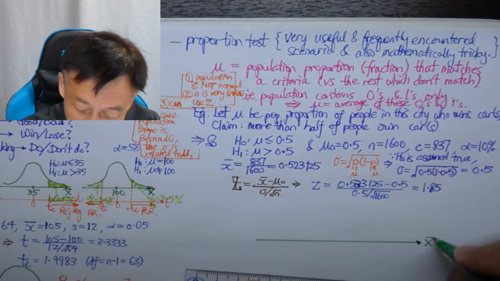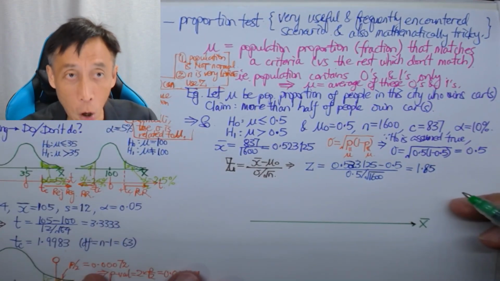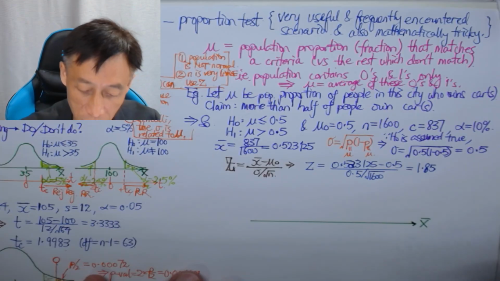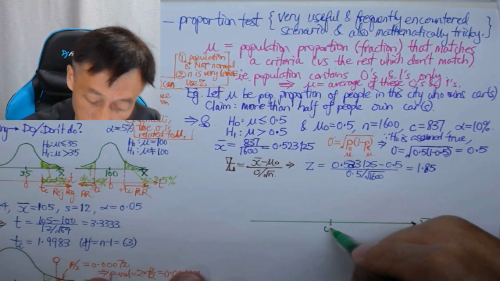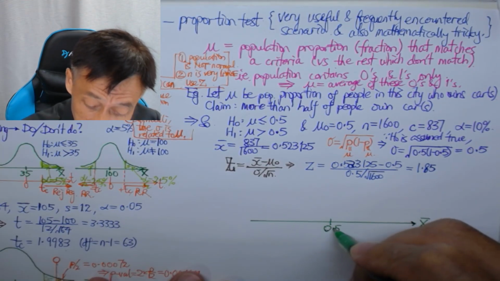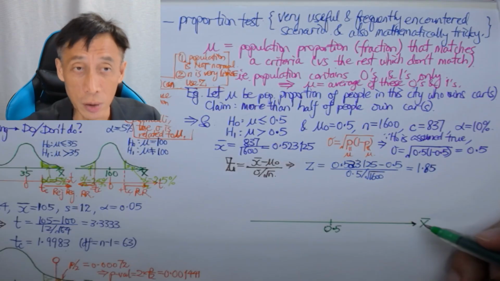So what we're going to do is sketch a curve quickly. First is x bar, of course. X bar is the values that we can observe and calculate, and it will be centered at 0.5. Now the x bar is not based on measurements. It's based on the averages of zeros and ones.